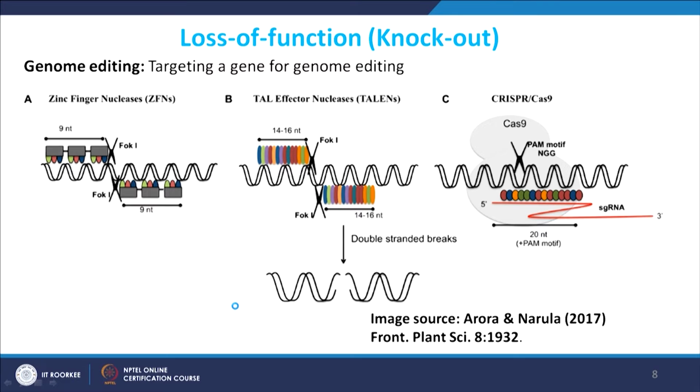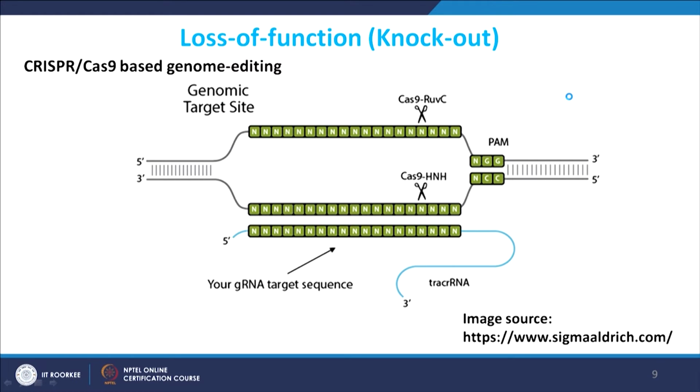Another method is genome editing. In genome editing there are many techniques available which you can use to edit the genome, ZFN, then TALEN, but recently CRISPR-Cas9 has been used very widely and extensively these days. So, we will see how this is being used to edit the gene.